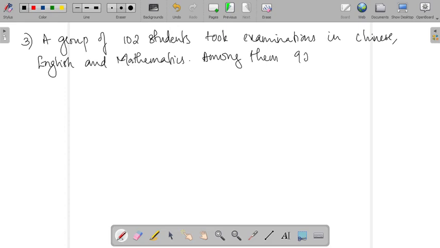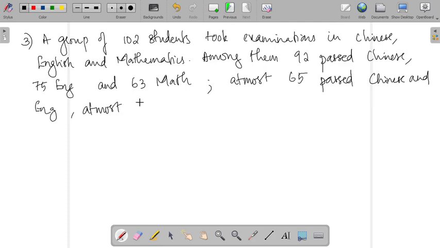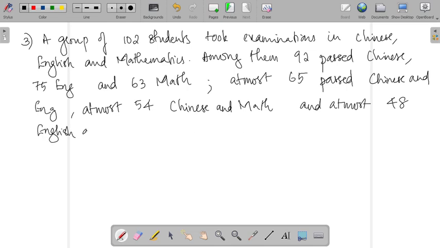Among them, 92 passed Chinese, 75 English and 63 mathematics, and at most 65 passed Chinese and English, and at most 54 Chinese and mathematics, and at most 48 English and mathematics.